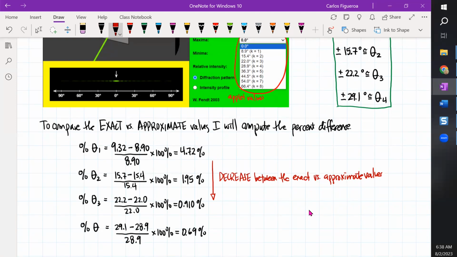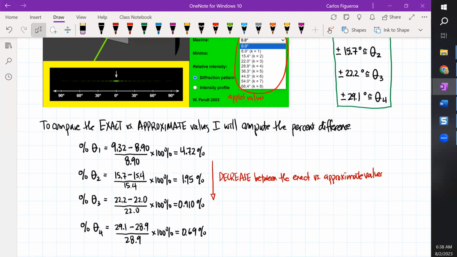So at some point, we have to ask, what are the sig figs here? Looking at theta 4 to 3 sig figs, this is 0.7%. That's a pretty good approximation. If I was to go higher, they get better and better. That's why the approximation is really good as we get further and further.